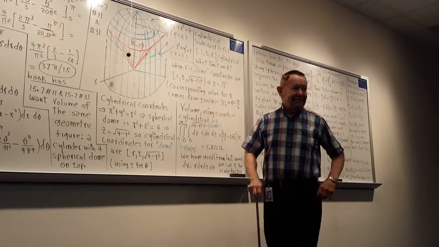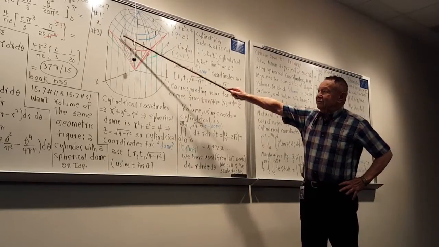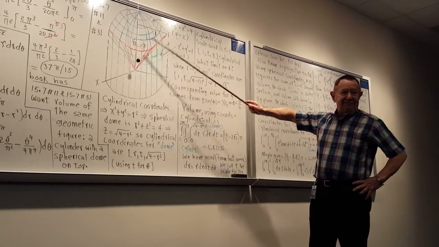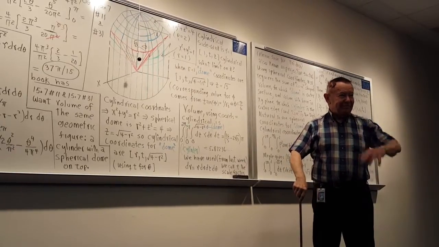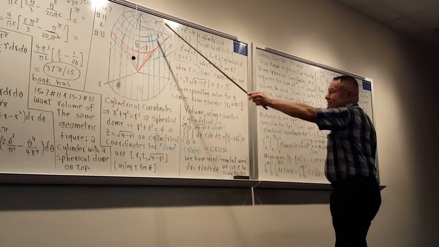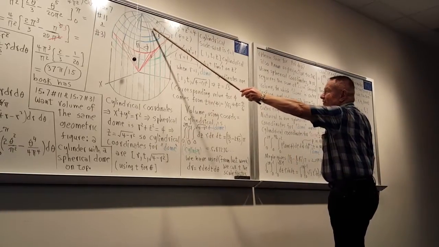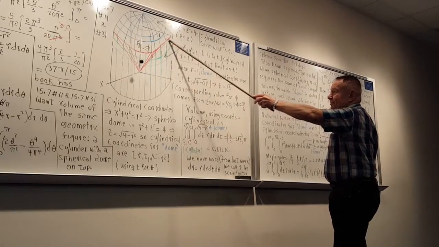But if it came to a point, it would be a cone. And then here's your scoop of blue colored ice cream that's up on the top, like a scoop would be.